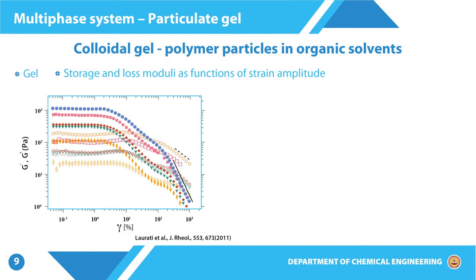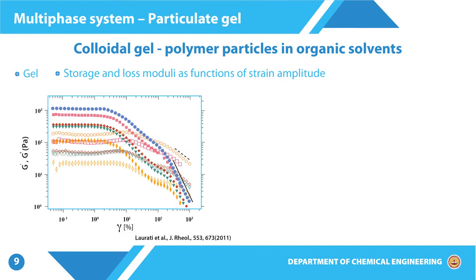If you recall, we had said that in the linear range the G prime will be only a function of frequency. Given that this data is being reported only at one frequency and at different strains, for all these data points the frequency is the same, and since frequency is the same, G prime and G double prime are same, and therefore, the data wherever G prime and G double prime are not dependent on frequency is likely to be in the linear response.